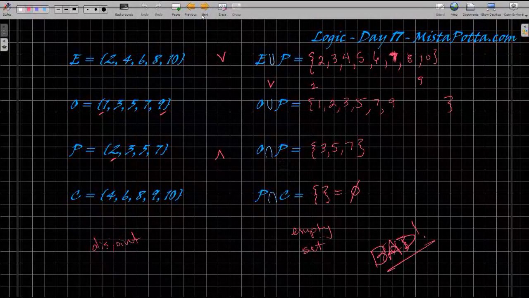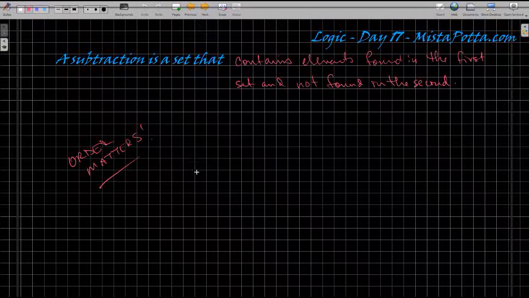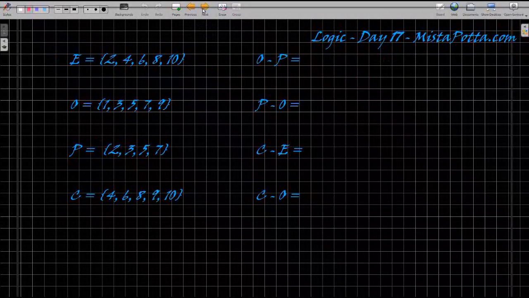But when I talk about this set subtraction, the order does matter, because there is a difference between taking O and taking away the elements of P, and having P and taking away the elements of O.